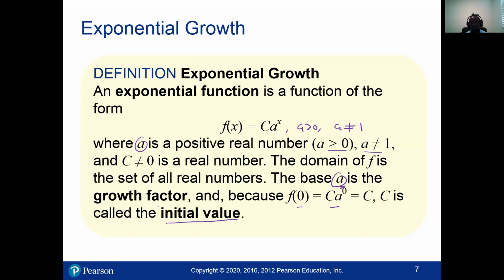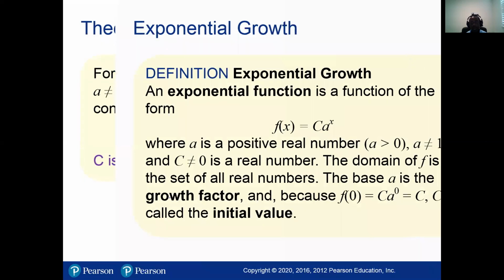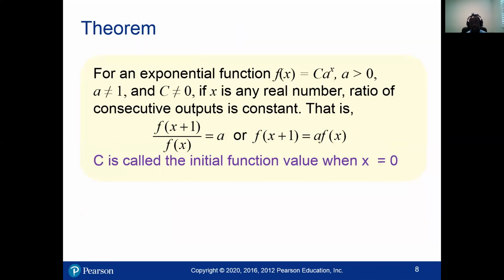All right, again, your base is the growth factor. Now there's a theorem that says that for any exponential function c times a raised to x, a greater than 0, not equal to 1, and c not equal to 0, if x is any real number, the ratio of consecutive outputs is constant.